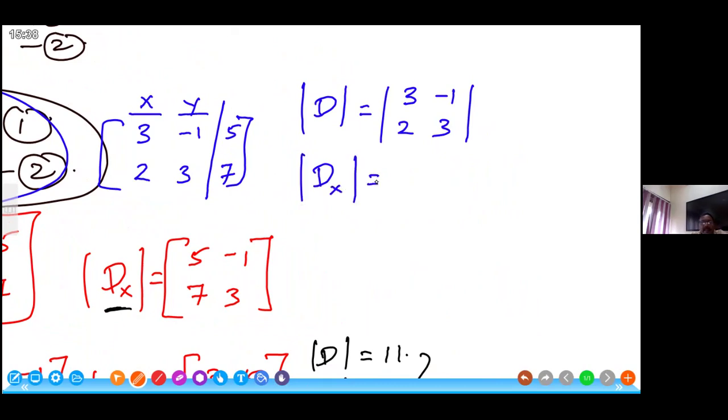For the x variable, the constants will substitute this column, so you find the determinant of 5, 7, -1, 3.